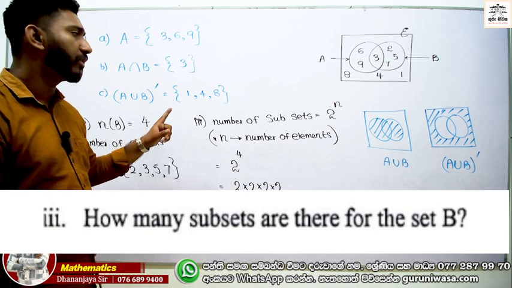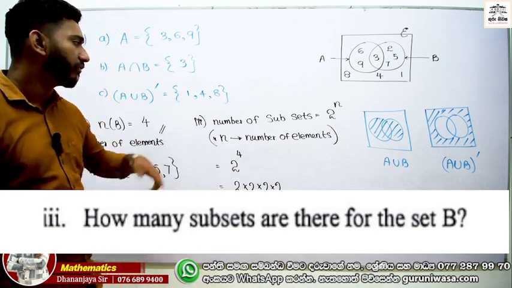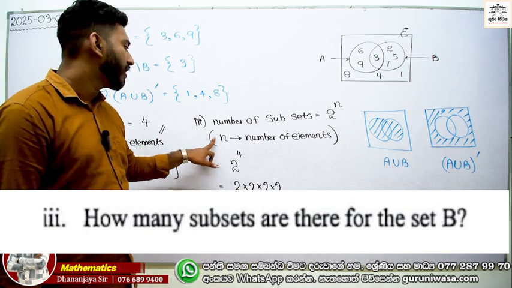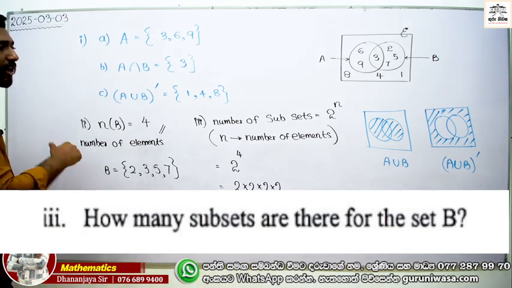How to find the number of subsets of any set? 2 to the power of n. That is represented as 2 to the power of n. N represents the number of elements. Right. Let's write it down and mention it.